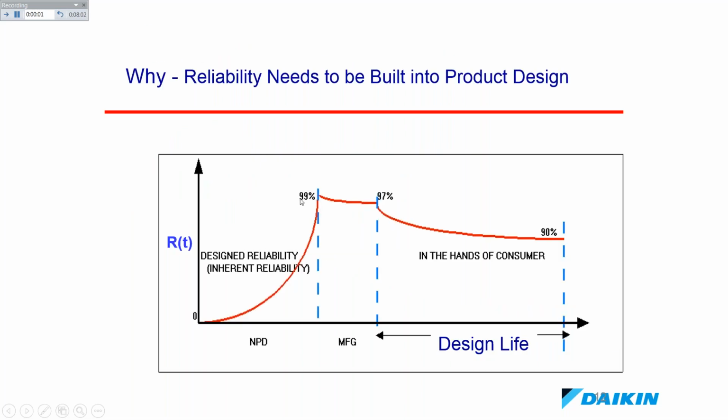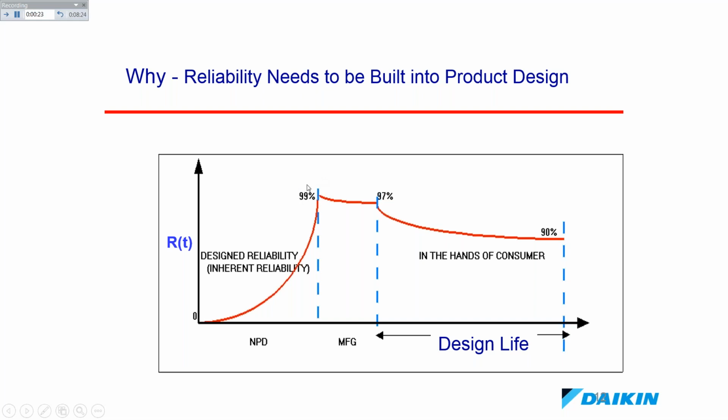This is a conceptual model to say how we do reliability in product design, how we incorporate design for reliability into product development. So this area is called new product development, new product introduction. We try to make it 100% reliable when you introduce it.